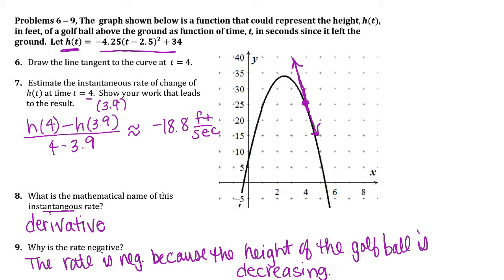All right, so there's a great problem that is going to show us how to really approximate our derivative value using our average rate of change, or the AROC formula, and we're using that to approximate the derivative.